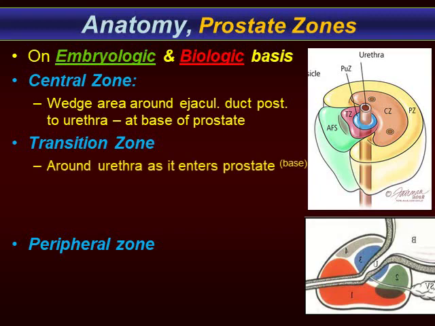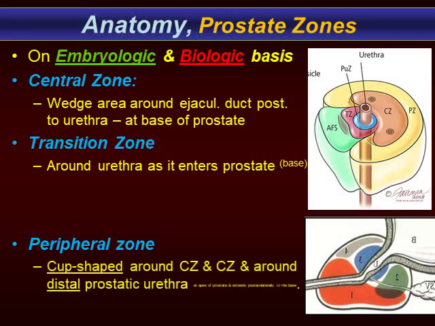It's around the upper part of the prostatic urethra, but it's in front of the urethra. So the part in front of the upper urethra is called the transition zone, and the part behind is called the central zone.